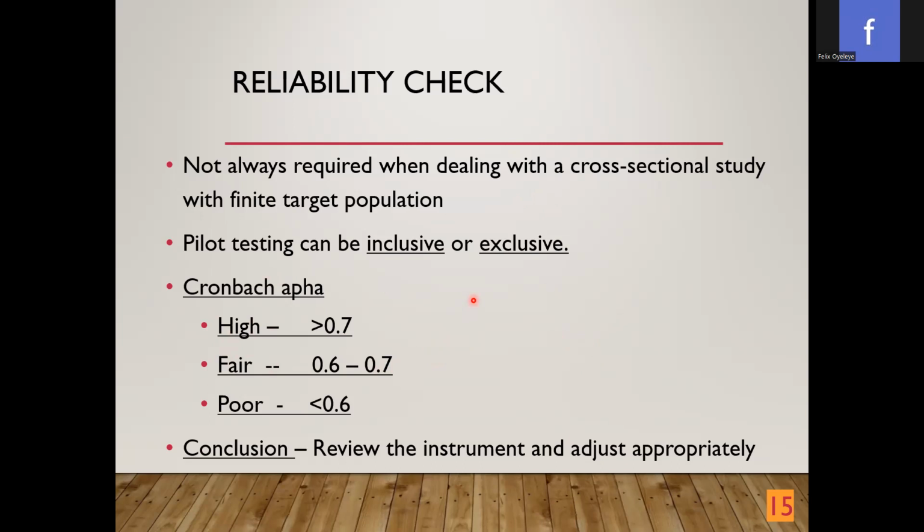I will explain in a moment. But essentially, you expect your Cronbach's alpha value to be greater than 0.7. When you have Cronbach's alpha greater than 0.7, you say it's high. Okay, the reliability of that instrument is high. But if you're looking between 0.6 and 0.7, then you can say it's fair, which is acceptable. But anything less than 0.6 is considered poor.